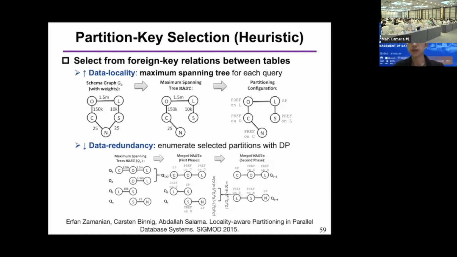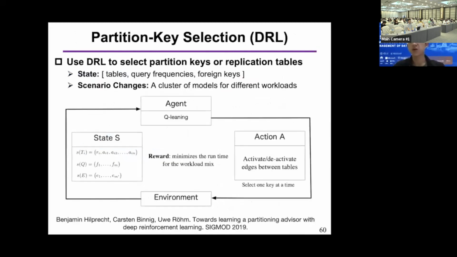However, co-partition can cause data redundancy. So in the second step, for each query, it derives a spanning tree, and to minimize the data redundancy, they recursively merge those trees by dynamic programming. However, this method still brings in much data redundancy in the end.